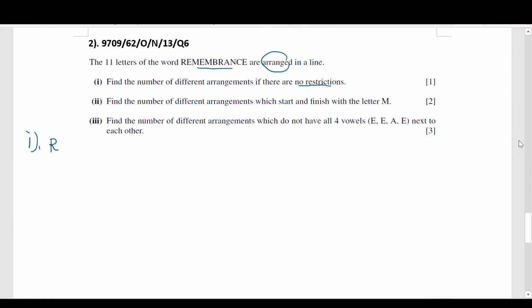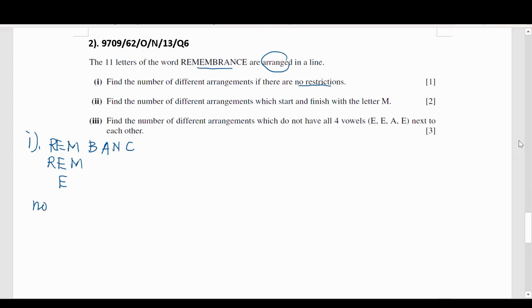R, E, M, E, M, B, R, A, N, C, E. We try to list down the same letters in a row, in a column, so that it is easy for us to identify them.